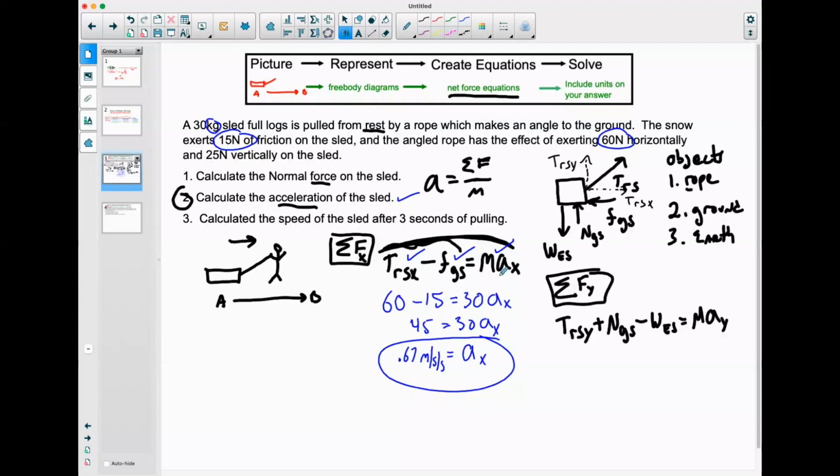Now, next thing we want to do is solve for the normal force. And so for that one, I'm going to use this equation. And the reason I know that is because the normal force is in that equation. It wasn't in this one, it is in this equation.